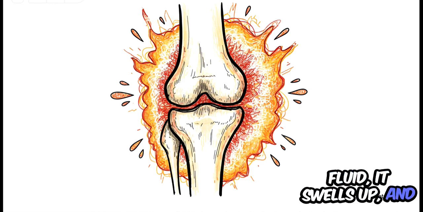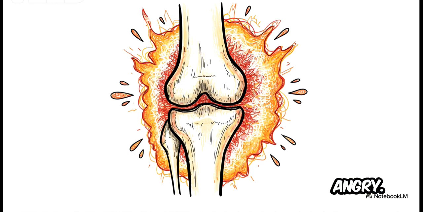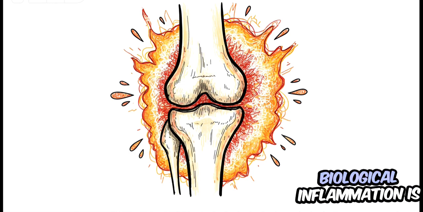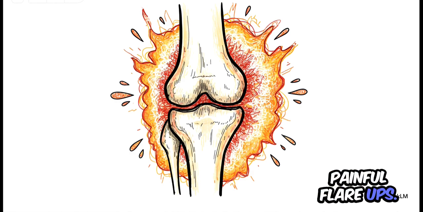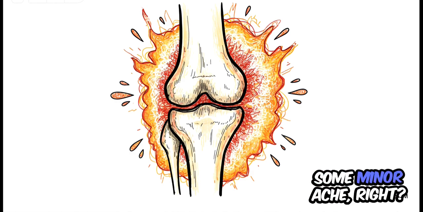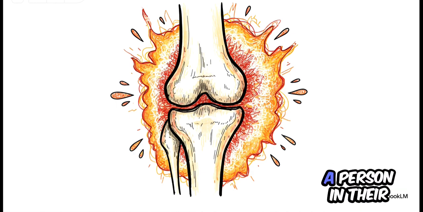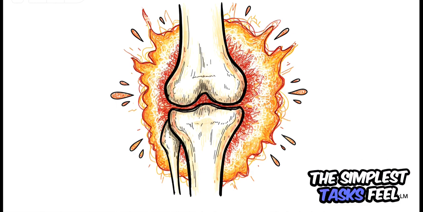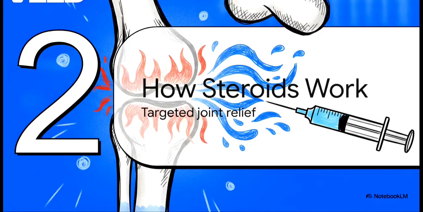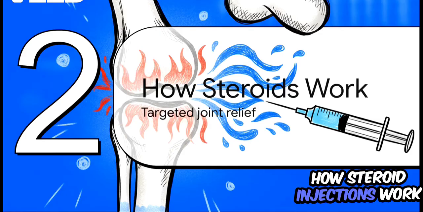It swells up and it gets really hot and angry. This nasty combination of mechanical friction and the resulting biological inflammation is exactly what leads to those super tough, painful flare-ups. And a flare-up isn't just some minor ache, right? It can completely stop a person in their tracks, limiting daily movement and making even the simplest tasks feel totally impossible.